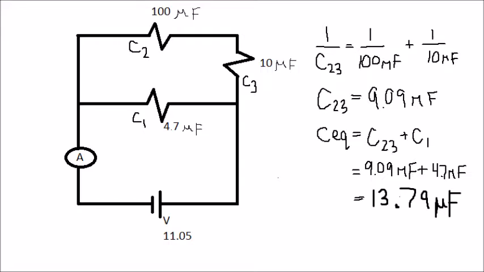Using the math to find the equivalent capacitance, we're going to combine the second and third capacitors by taking the inverse of the sum of that total, and then adding it together with the other capacitor that's connected in parallel, and our result for that equivalent is 13.197 microfarads.